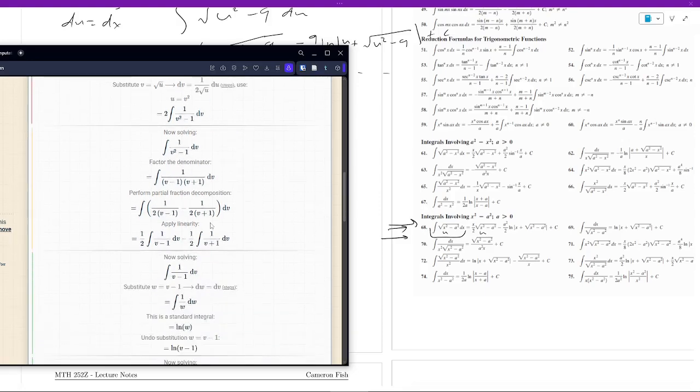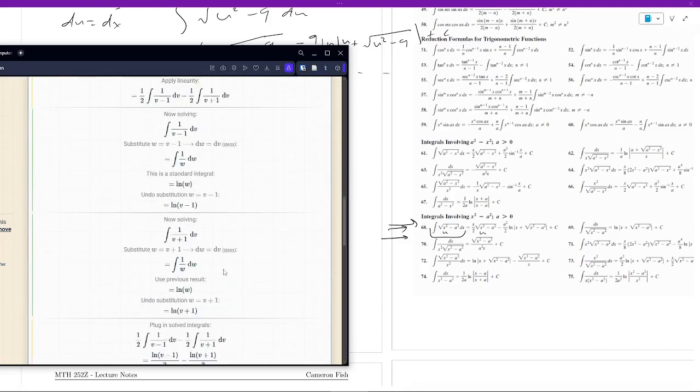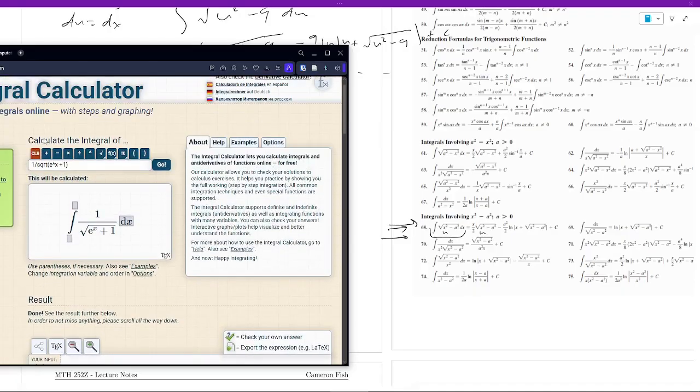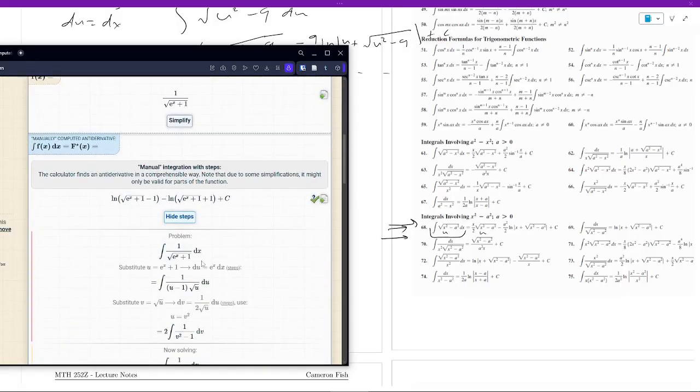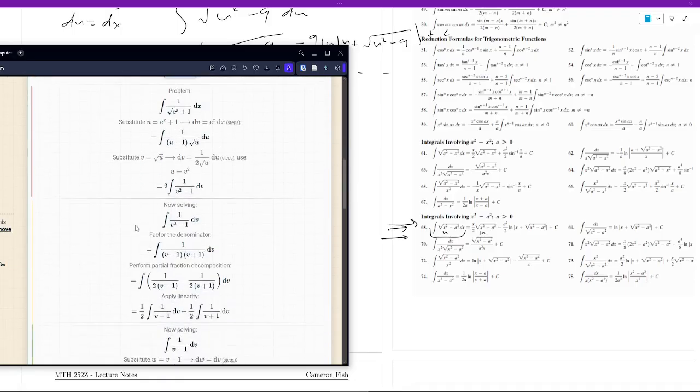Something I will mention about this software, just to be clear, is that this is not AI generated at all. This is more old school math software, and it has routines and algorithms for trying a bunch of common substitutions and then, in a very rigid step-by-step way, seeing what's going to work.